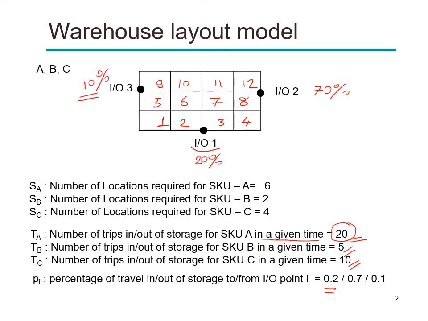So these are given as a percentage, and what does it mean? The summation of these percentages, 20 plus 70 plus 10, should be equal to 100%. Okay? It is the total percentage of storage retrieval operations.